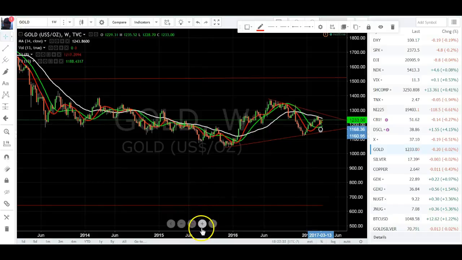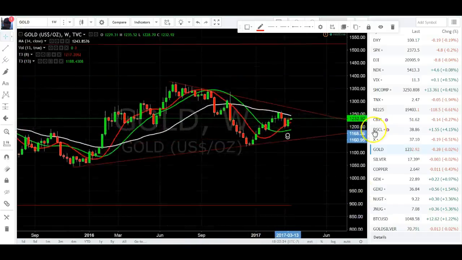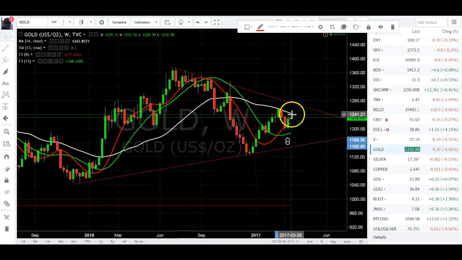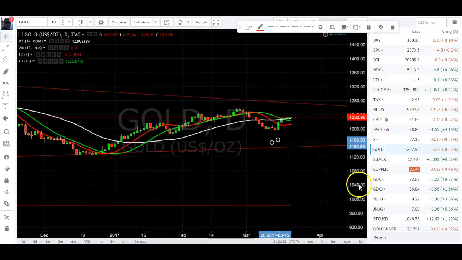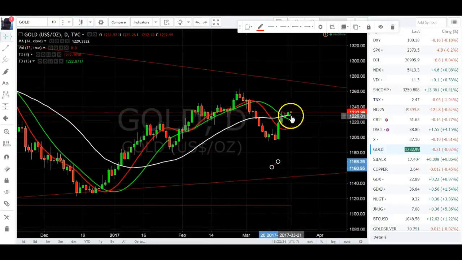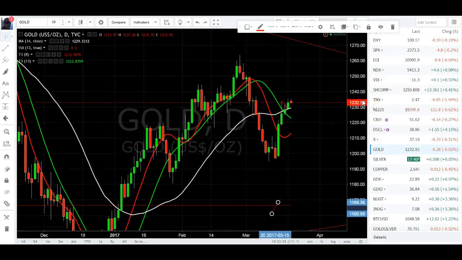Price is in a pinch. You see support on the downside and resistance on the upside. Price is in a pinch. It's got to make a decision here shortly. Let's keep that daily above the 34. So far, it's coming back in after today's run.